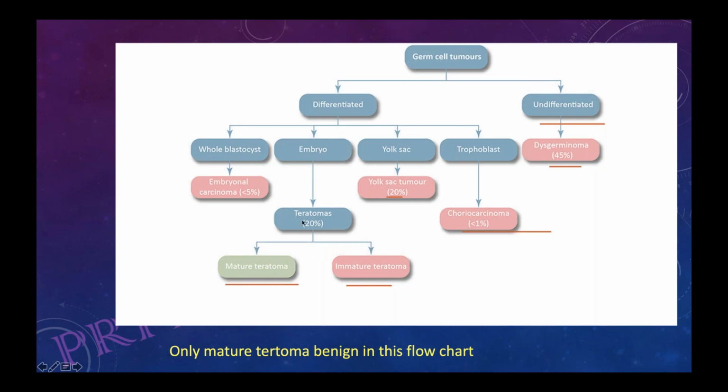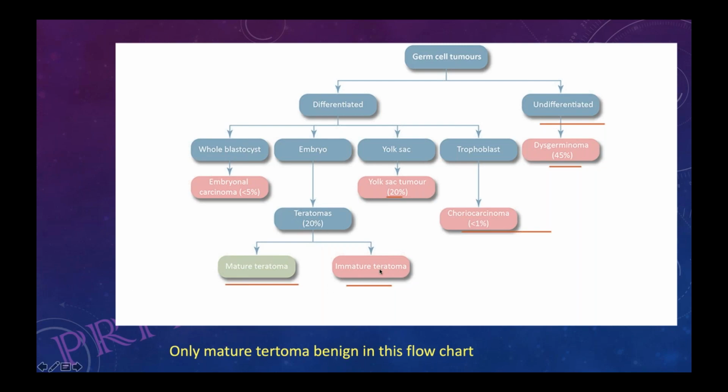Now it is again divided into two parts. Why are these two parts important? If it is mature teratoma, that we call a dermoid cyst, so many questions come from the dermoid cyst, and we see them all the time in the clinics also. But if it is immature, then it is called immature teratoma, or it is also called a malignant teratoma.